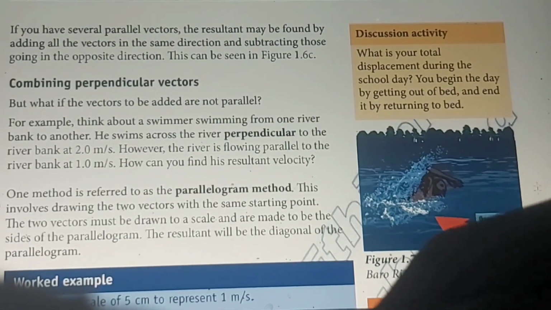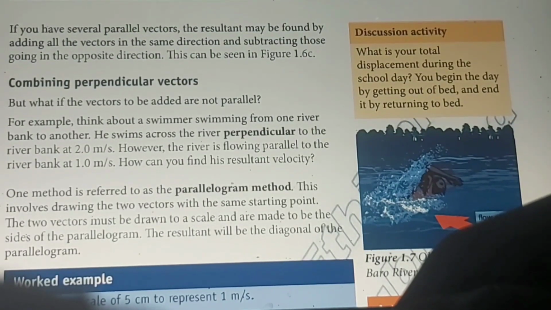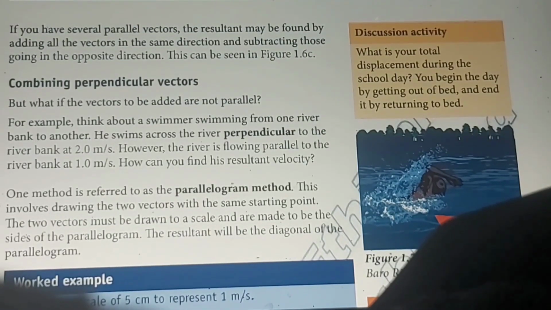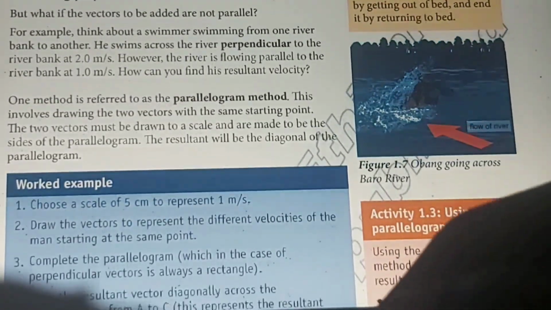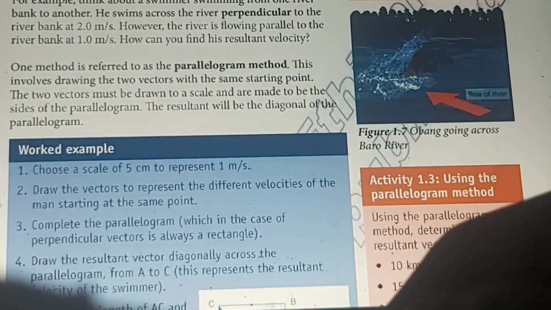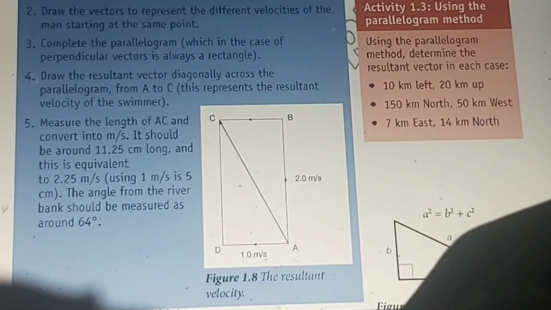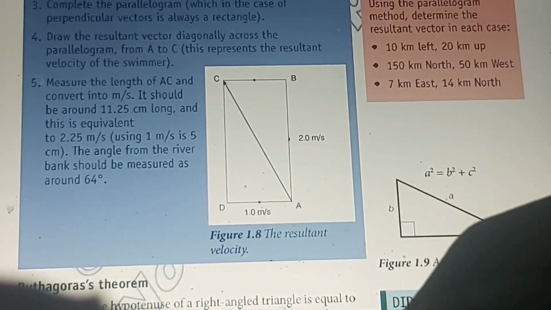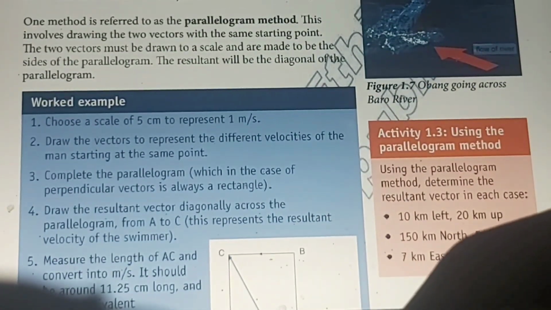Okay, the resultant velocity here we can have by two methods: by the parallelogram method, or by the other method which is called the Pythagoras method, because it makes a right angle here.